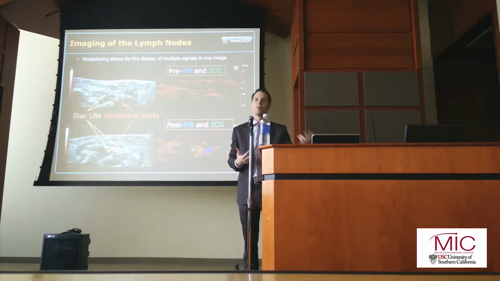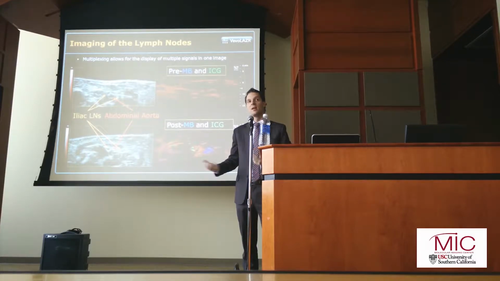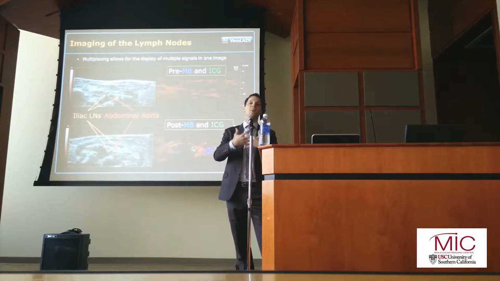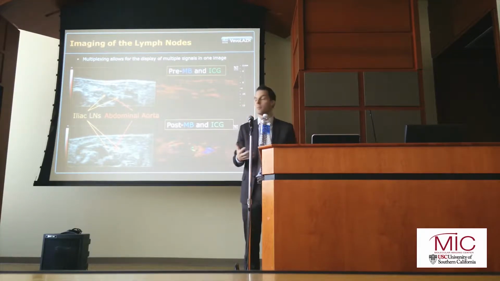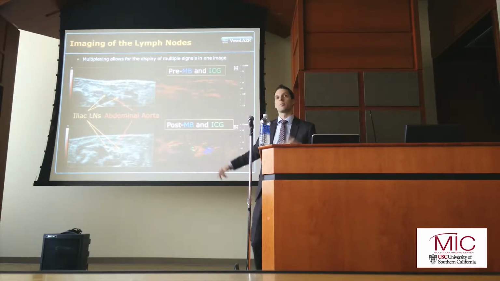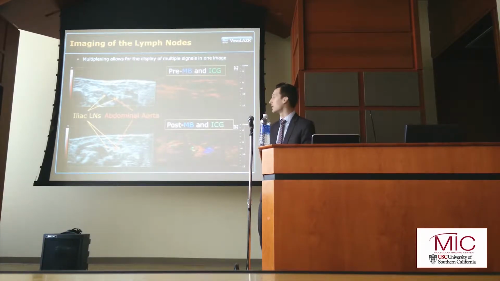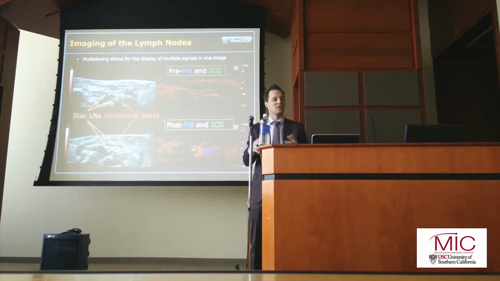We know, for example, that methylene blue looks different than blood, and ICG looks different than blood, looks different than methylene blue. So we can actually unmix these three components and display them in this image down here, where ICG is obviously in green, methylene blue is in blue, the background blood signal is in red. So we can then unmix these, place them within the anatomy using the ultrasound, and then have this sort of functional data.